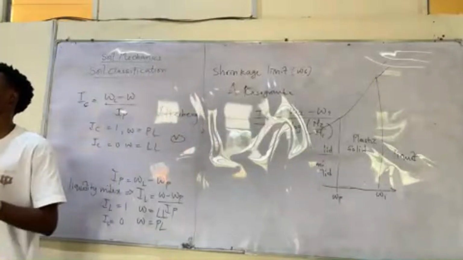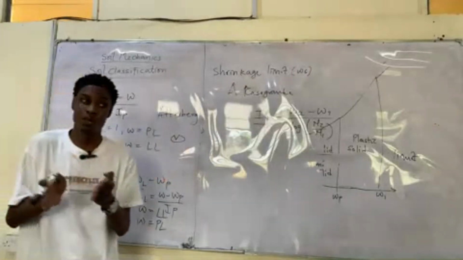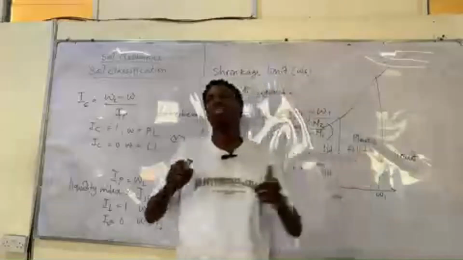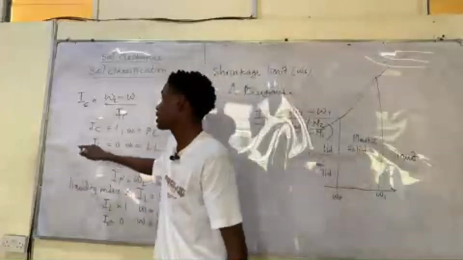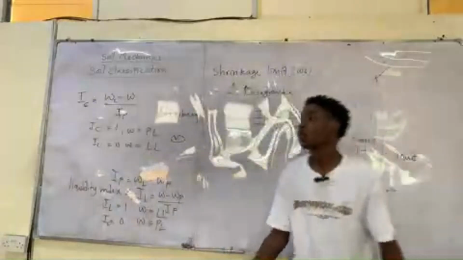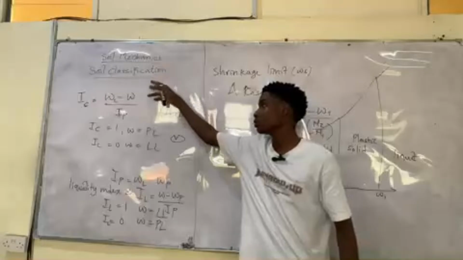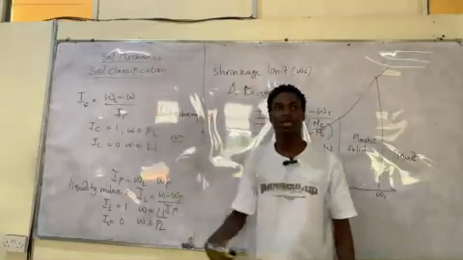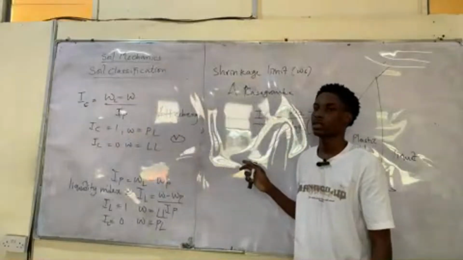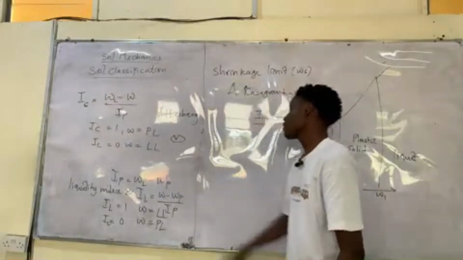But what you need is the millimeter, because even if you are given numbers, they tell you this one was done with the number 2 sieve, number 3 sieve, and so on. You need to know the millimeter, because that is the size you're going to plot on the graph. You're going to plot the percent final, that is what is left over each time you sieve, against the sieve size.